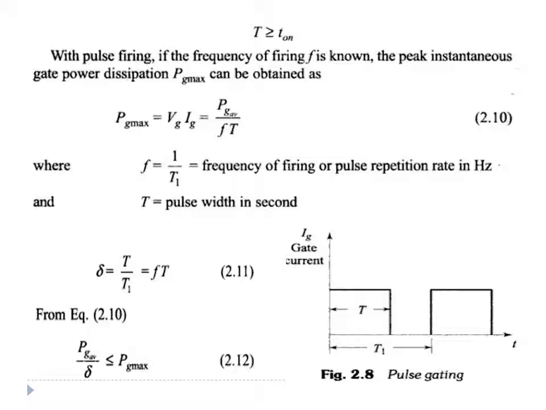SCR turn on time can be reduced by using a gate current of higher magnitude. If T is the pulse width and T on is the SCR turn on time, the duty cycle is the ratio of the pulse on period to the time period of the pulse.